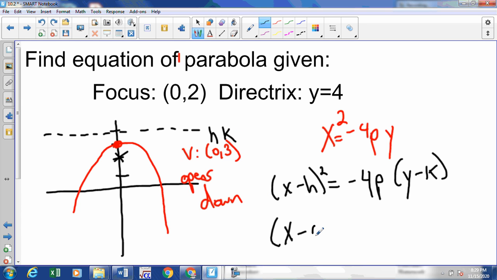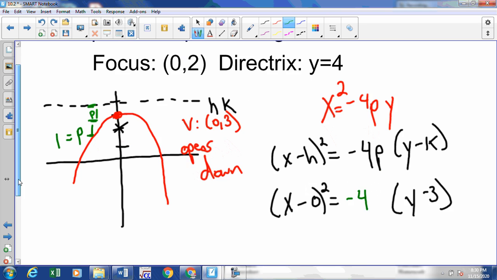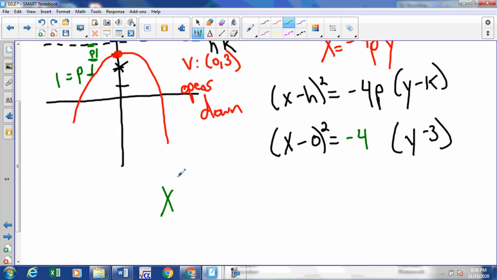So this is (x minus 0) squared equals minus 4p (y minus 3). I know my p value is the distance from my directrix to my vertex, and the distance from my focus to my vertex is p. So that tells me that p is 1. So this formula is minus 4, because it's 4 times 1. So if I get rid of the 0, my equation is x squared equals minus 4 (y minus 3).